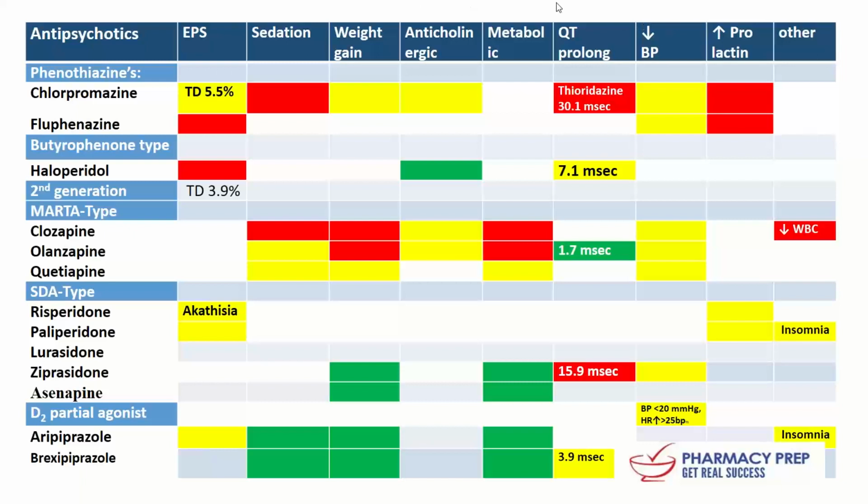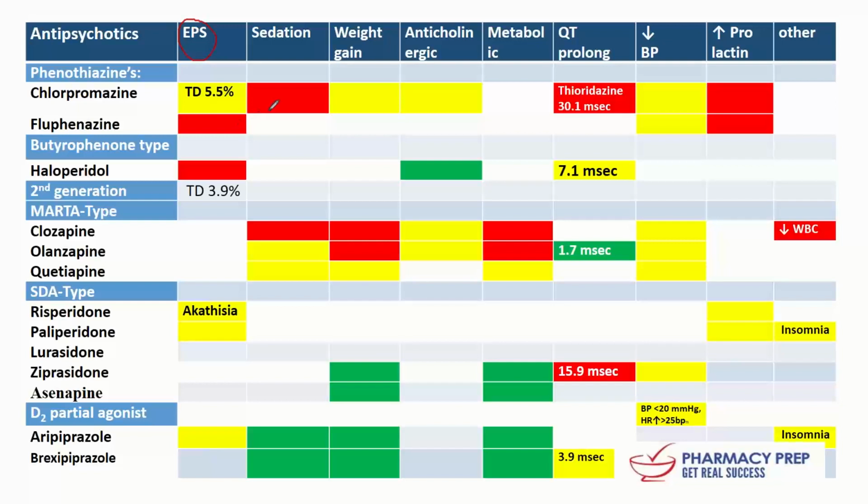Here, let me begin first with the extrapyramidal symptoms, which is EPS. In this chart, which is a colored chart, there are three colors.